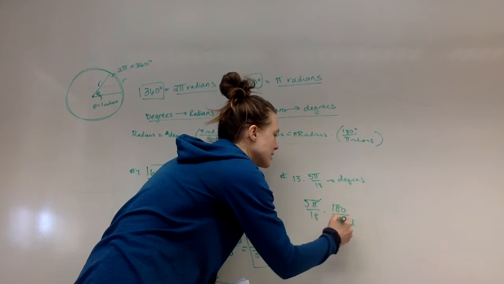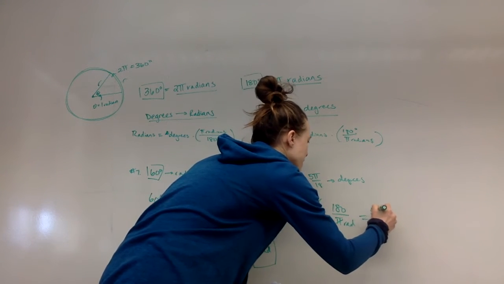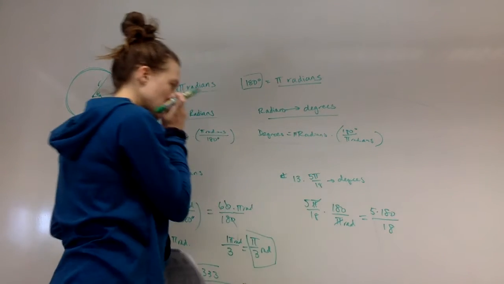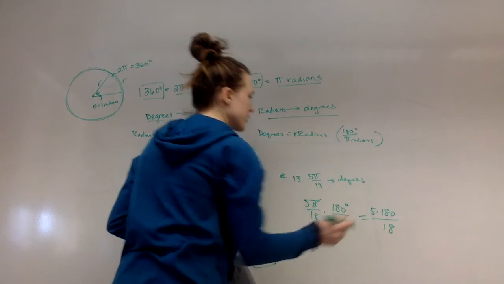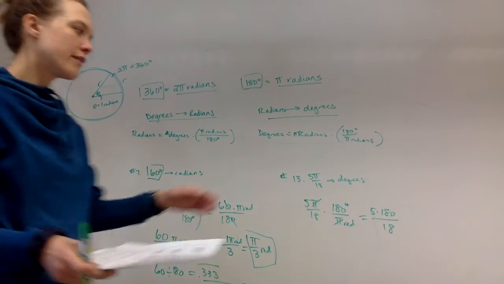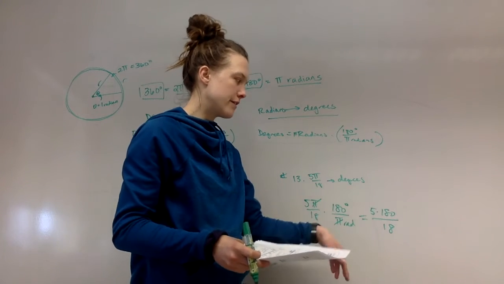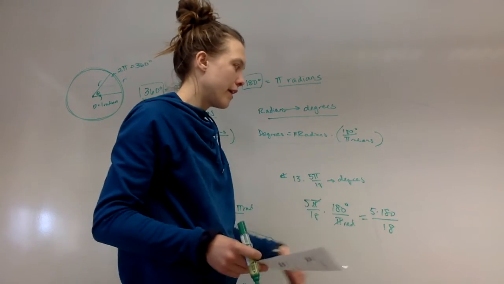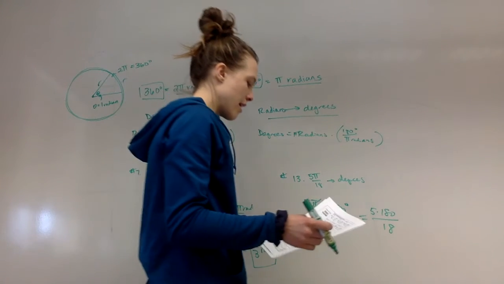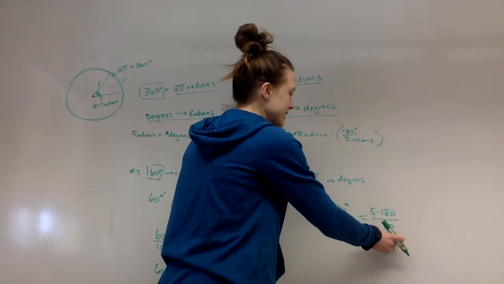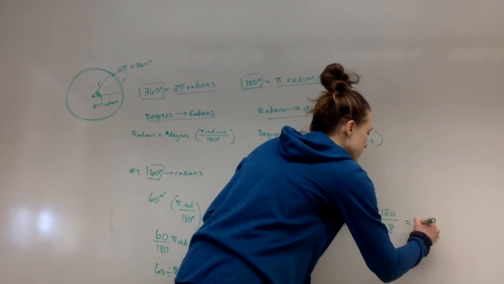So the pi's cancel, and I'm left with 5 times 180 over 18. It's going to be a degree sign there. And so again, you can either put this in your calculator, 5 times 180, then divided by 18, or I can see that a factor of 18 goes into both of these, and then I'm left with 50 degrees, because 180 divided by 18 is 10, 5 times 10 is 50.